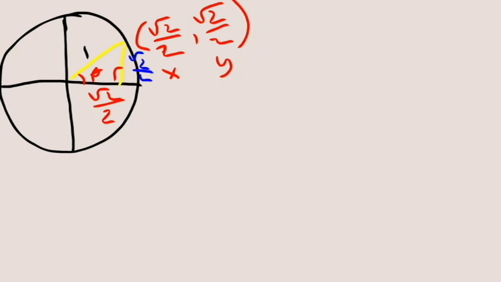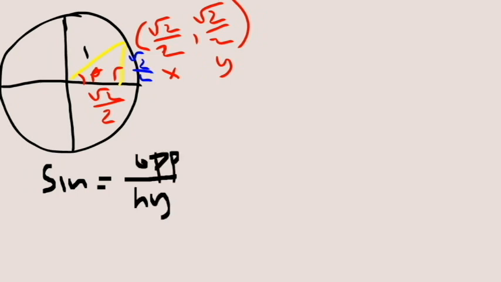we can say now that, di ba, we already determined the six circular functions and their ratios. For sine, it is opposite over hypotenuse, or y over the hypotenuse.